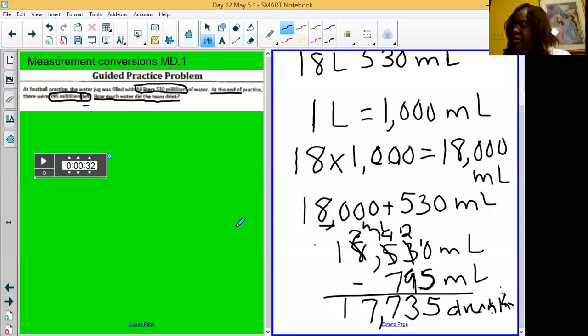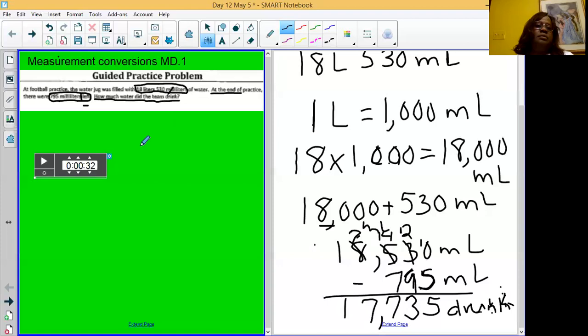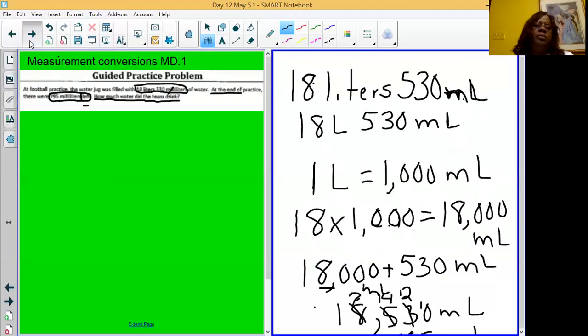I'll pause for a minute and give you a chance to catch up. So I guess the key thing is to remember that milli stands for 1,000. Kilo stands for 1,000. So I'm going to show you an example of that in the next problem. Show you a quick way to do the next one.